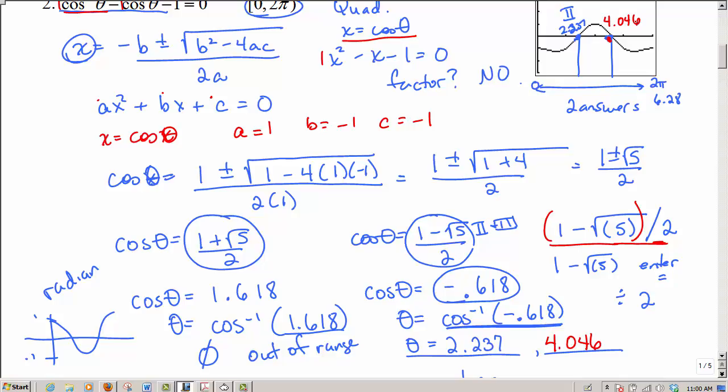You will have one on the test where you have to use the quadratic formula. You can see it can be kind of confusing. You have to be careful punching things into your calculator, making sure you just use your calculator correctly, and then you have to make sure that those two answers are in the given interval.